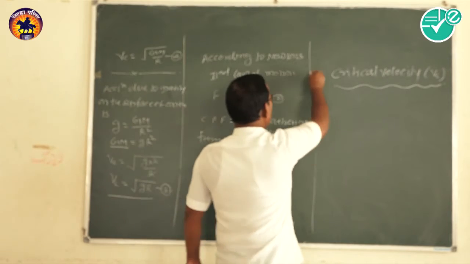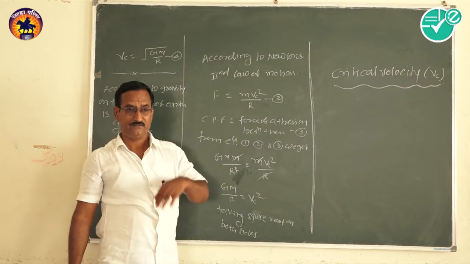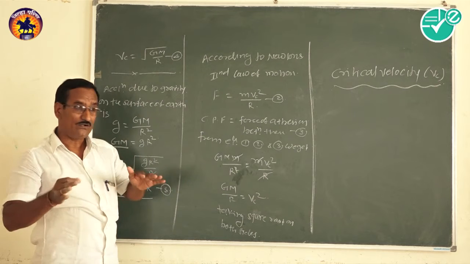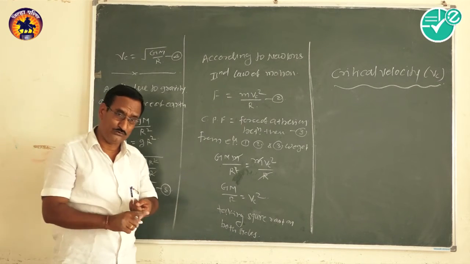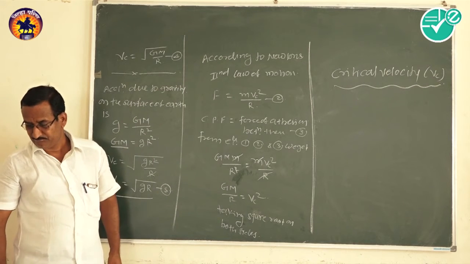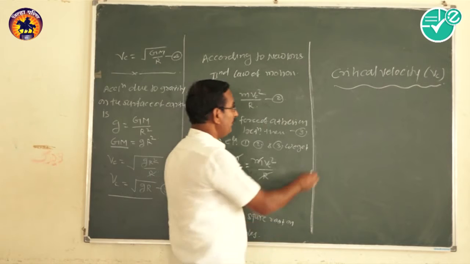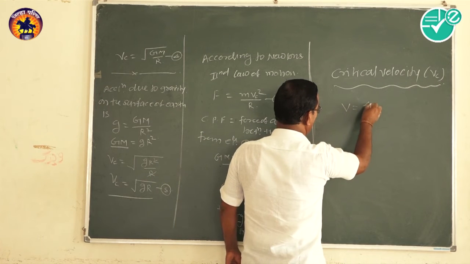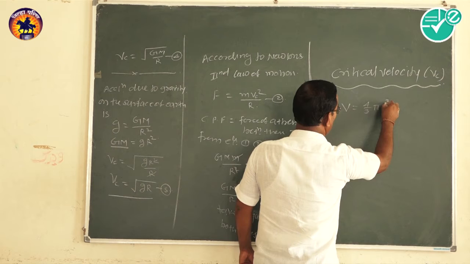What is the effect of density on the critical velocity? We know that Earth is a solid sphere, and the volume of Earth, V, is equal to 4 by 3 pi r cube.